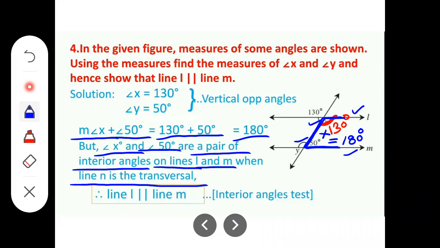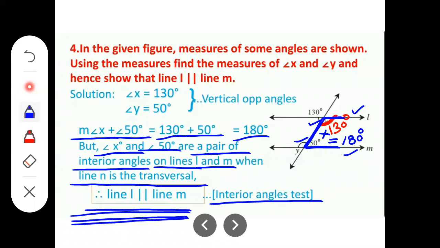So by the interior angle test, both the lines are parallel to each other. Understood? Everywhere you have to recall the properties of parallel lines and their transversal, the different angles formed by those three lines, and their properties.